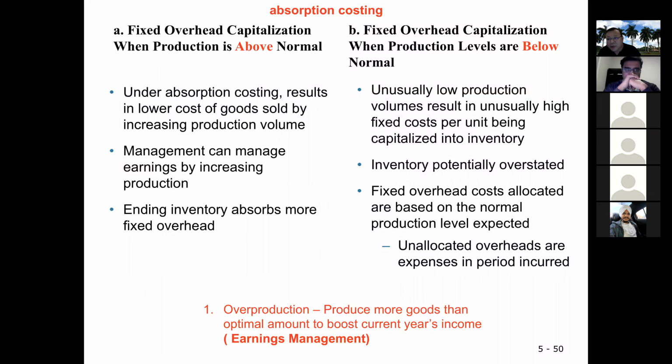Did you learn this in 2400? I think you should have learned this in 2400. In 2400, you should have a question like this: in two years, the first year you report a lower cost of goods sold, but the second year you report a higher cost of goods sold, and in the end, in both situations, the total cost of goods sold for the two years is the same, right?